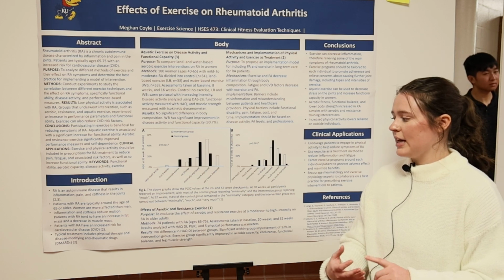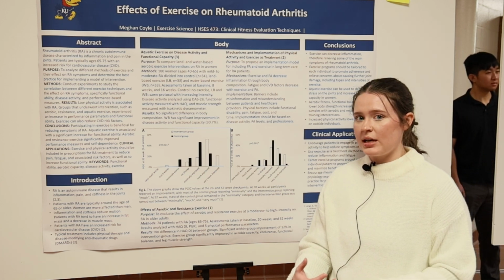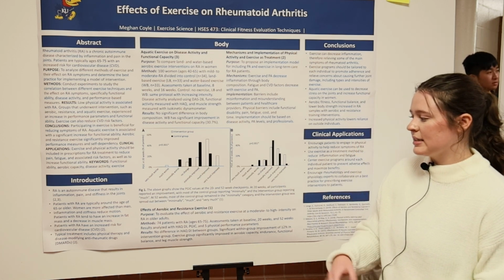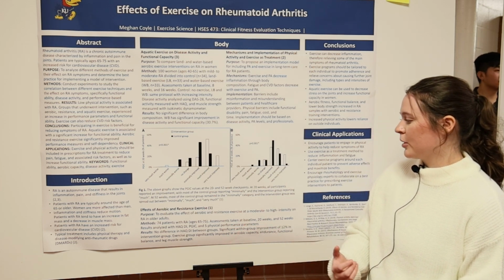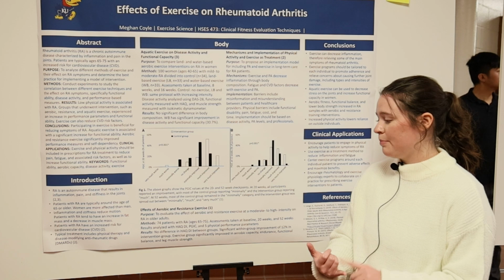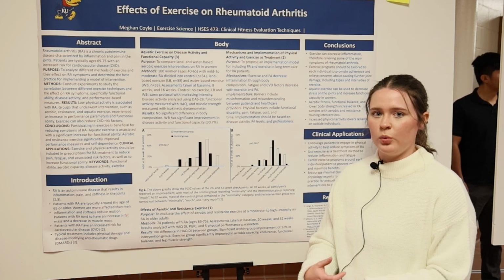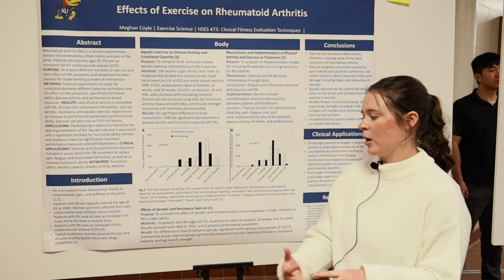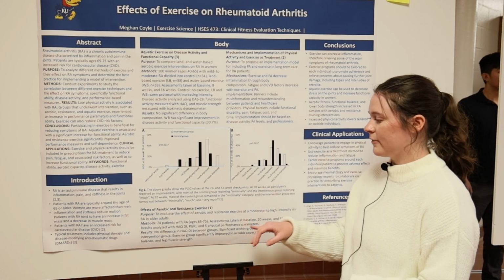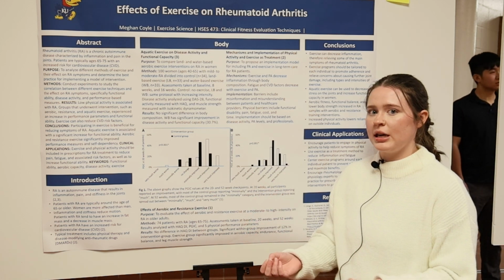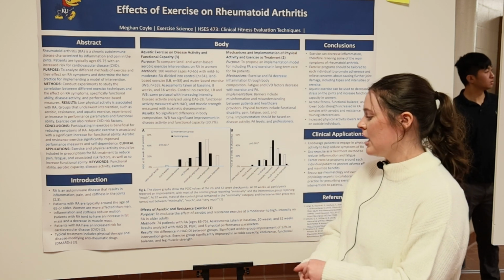And then I also looked at aerobic and resistance exercises. In this study, 74 patients ages 65 to 75 participated, and they took assessments at baseline, 20 weeks, and then at 52 weeks to look at the more longitudinal effects as well. And in this one, it was determined that there weren't any differences in the health assessment questionnaire specifically focusing on disability.